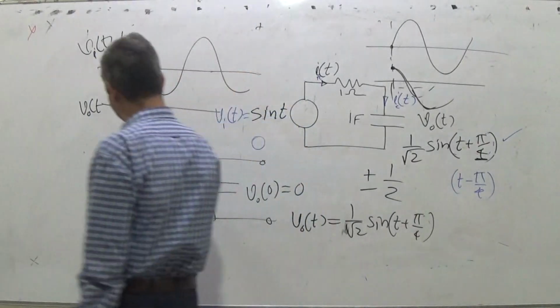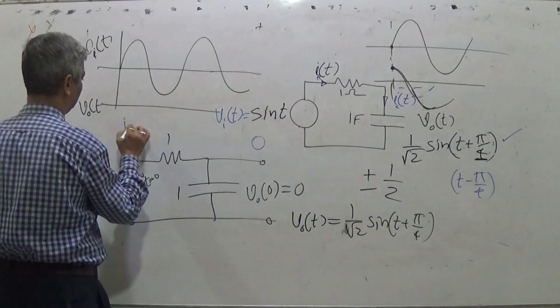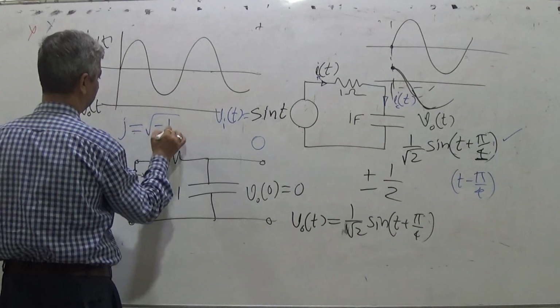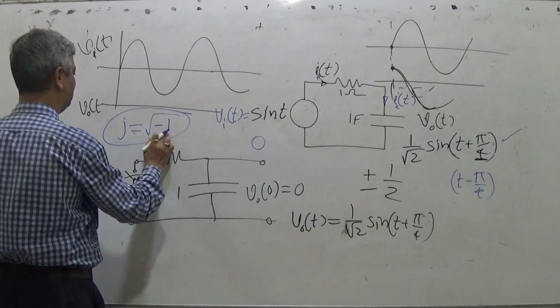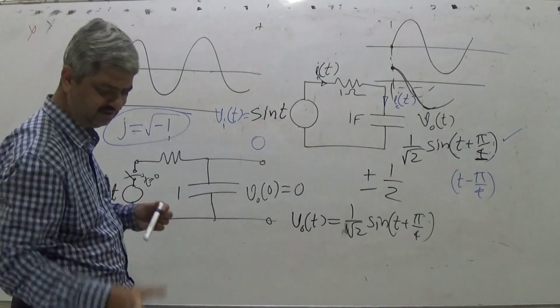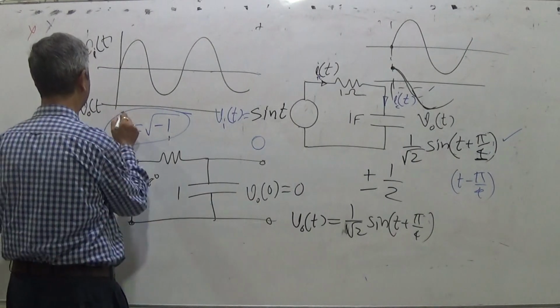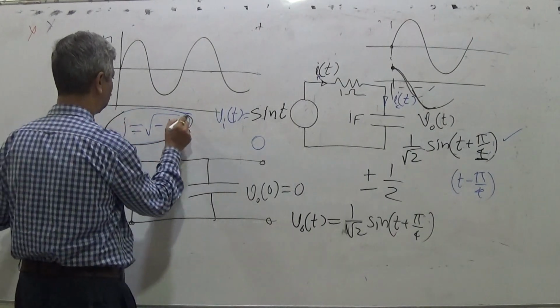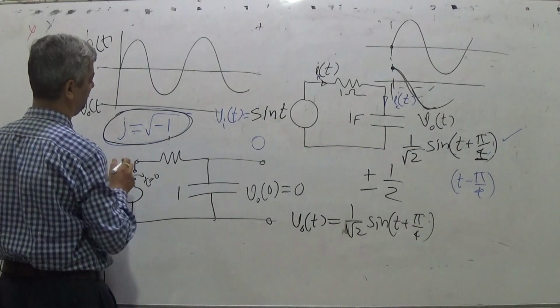So in the next lecture I will be revolving around this concept, which is a very important concept, which is not so properly understood. That is my observation: not so properly understood, not so properly explained.